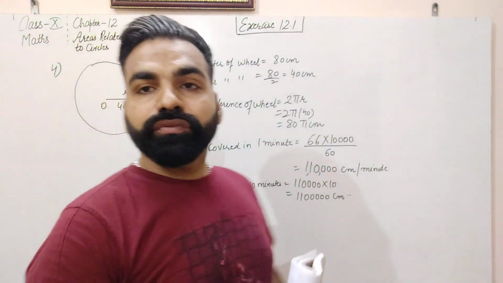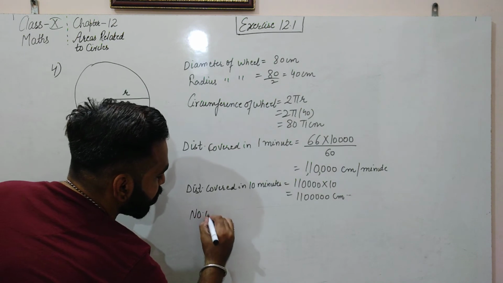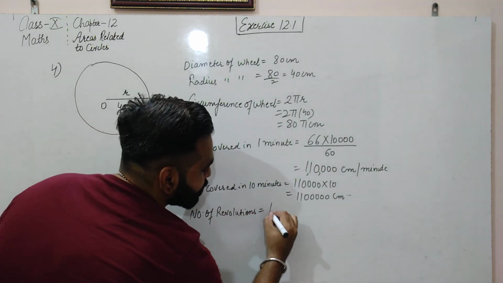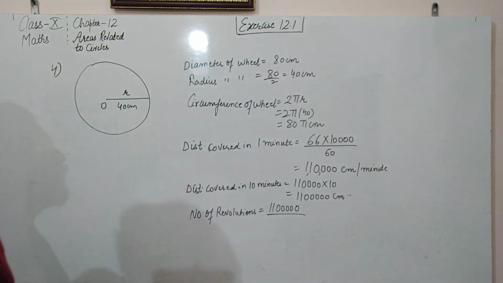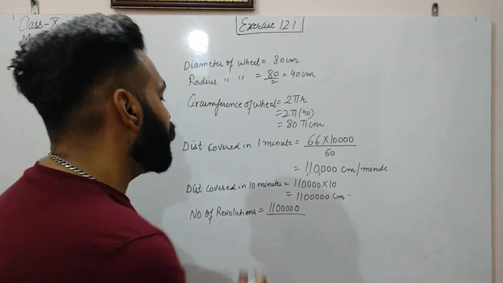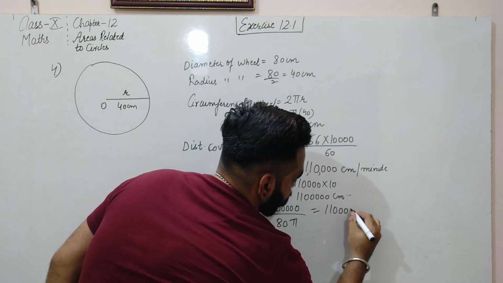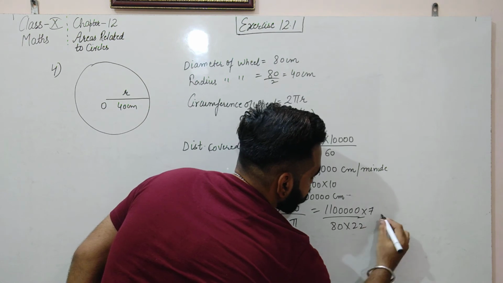Now we have to find the number of revolutions it takes. So number of revolutions will be total distance covered divided by the circumference of the wheel, because this is the distance it covers in one revolution. So we will divide it by 80 pi. This will be 80 into 22, and 7 will go in the numerator.